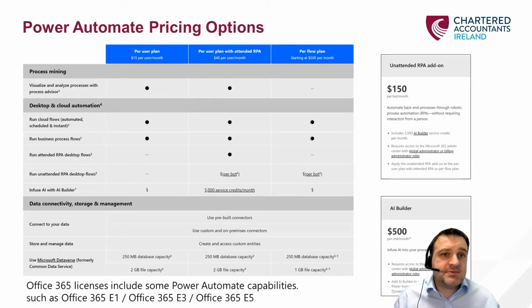Where you need those types of things, you can then move up the different tiers and you can use RPA to do very advanced things on the Power Automate platform. That can go anywhere from $15 per month per user all the way up to €500 per month per user.